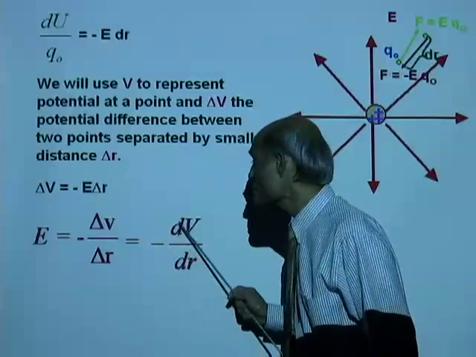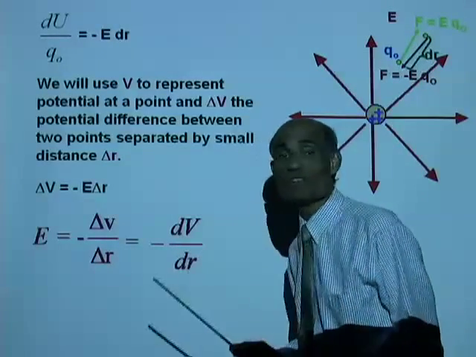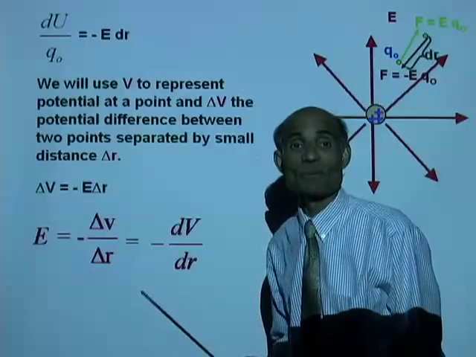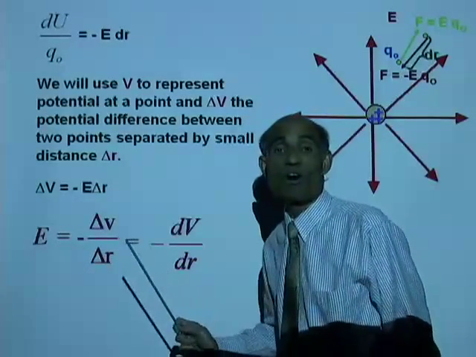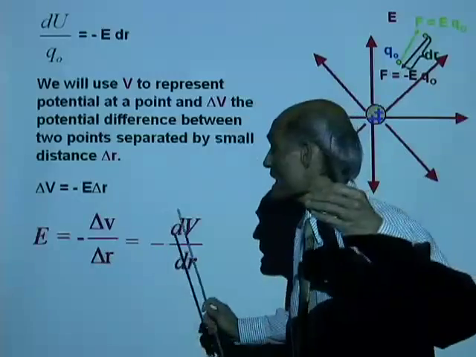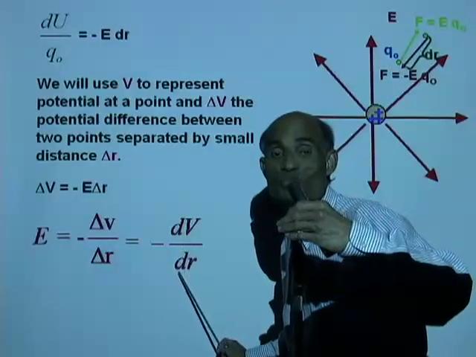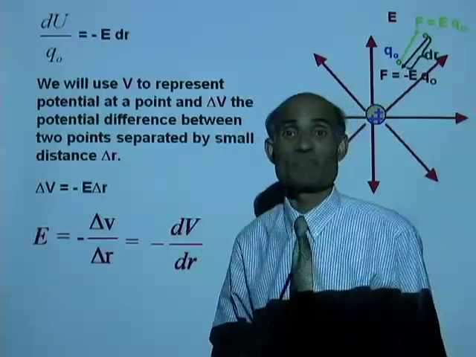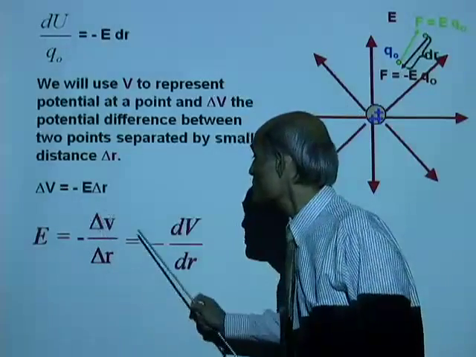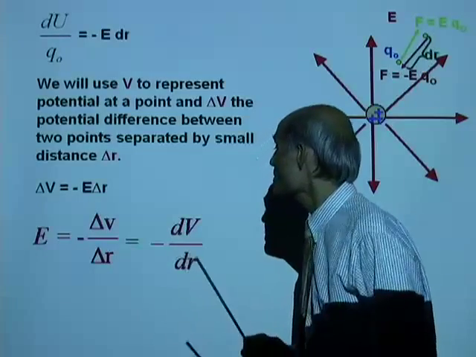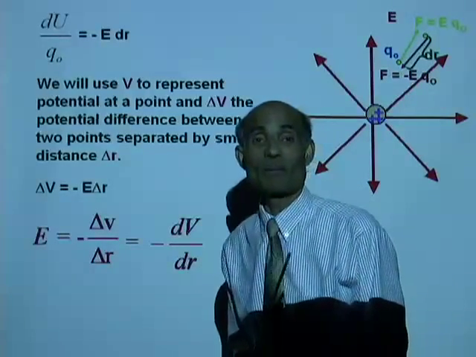That is equal to negative dV over dr. So electric field is negative of the rate of change of potential with respect to distance. That is a very important equation. E equal to negative dV over dr.